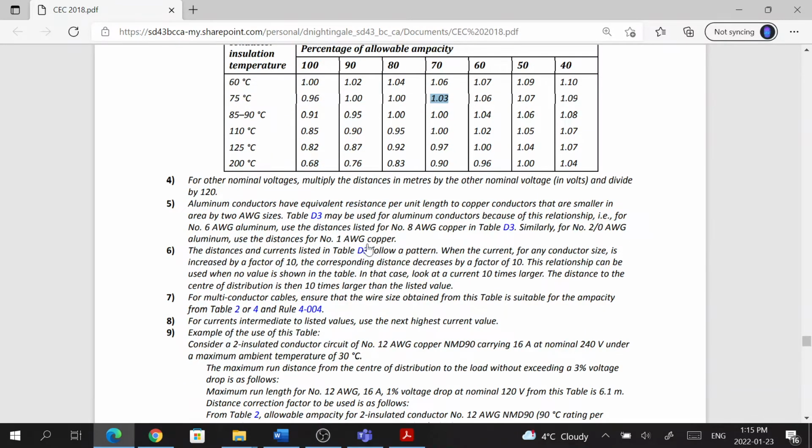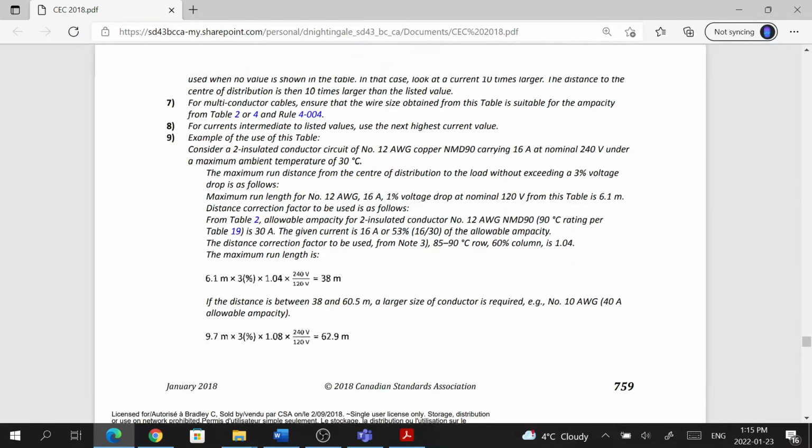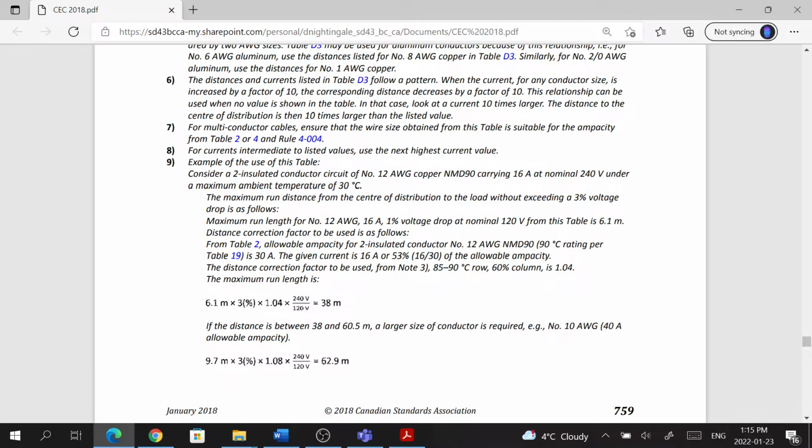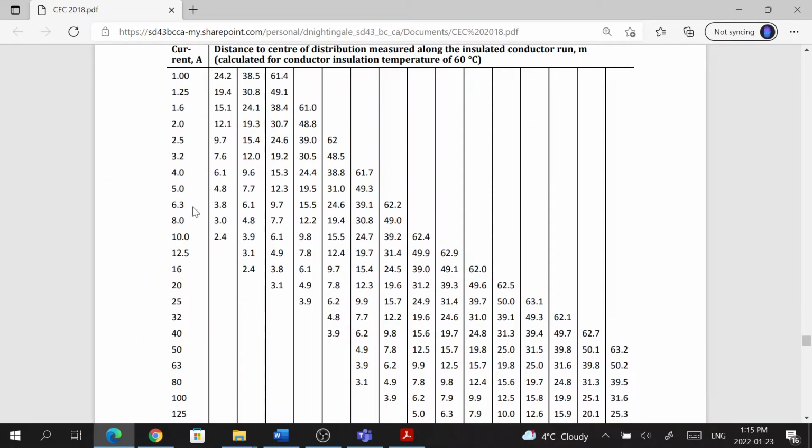Okay. Down here on note 9, it gives us an example of using this calculation. So in our particular case, we're going to see if number 8 will work. If we go back up to the table, number 8 at 25 amps is good for 9.9 meters.